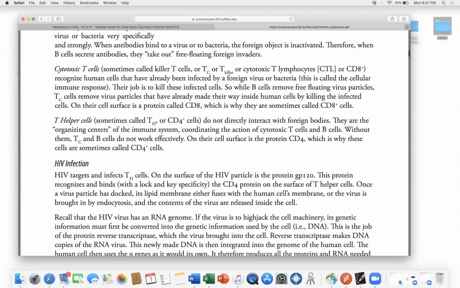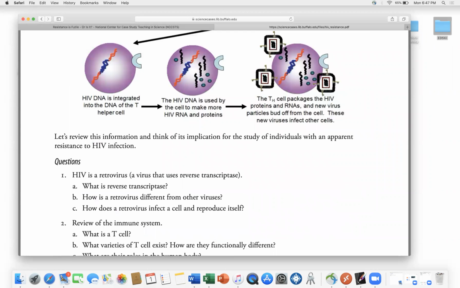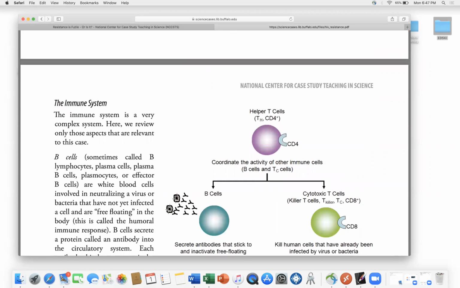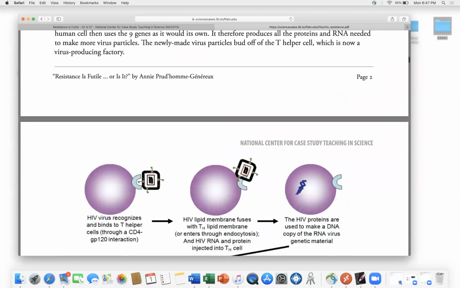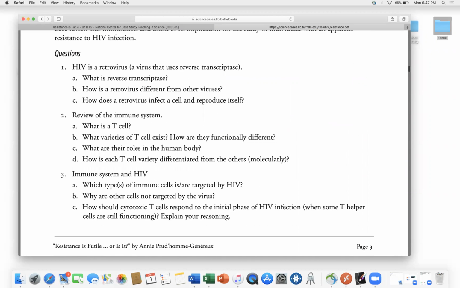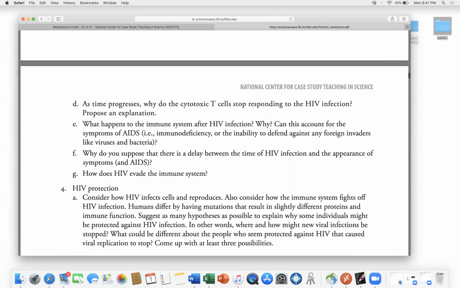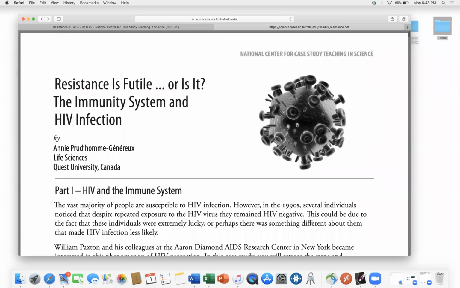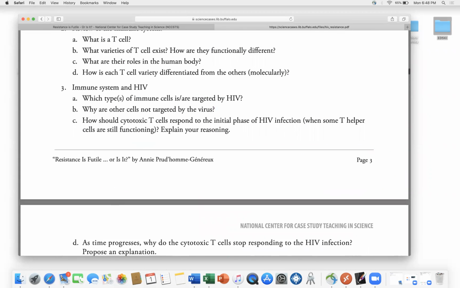It also has some really nice pictures now that you have a primer on how the T cells and B cells work. The questions should be relatively easy. I think there are only 4 questions. Yep, so answer these 4 questions.